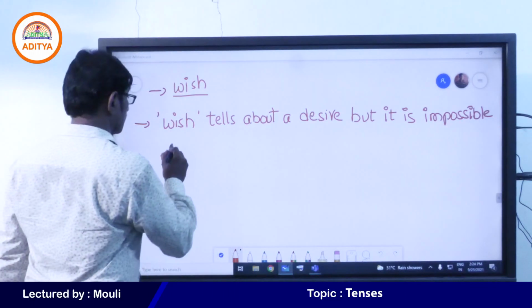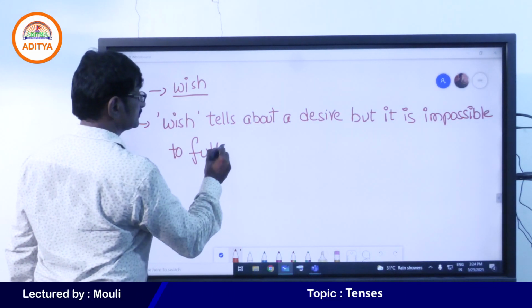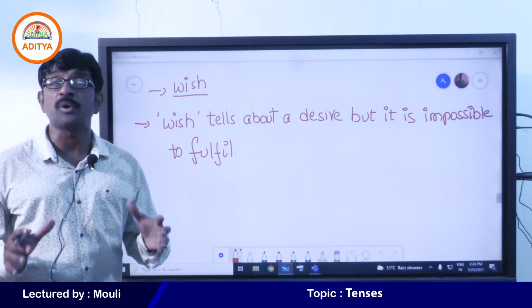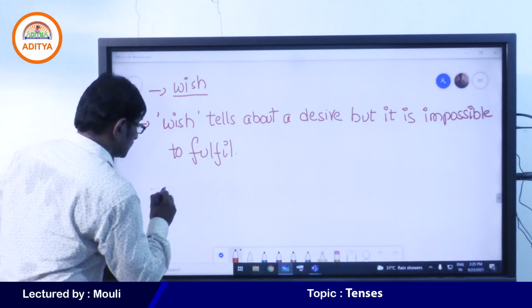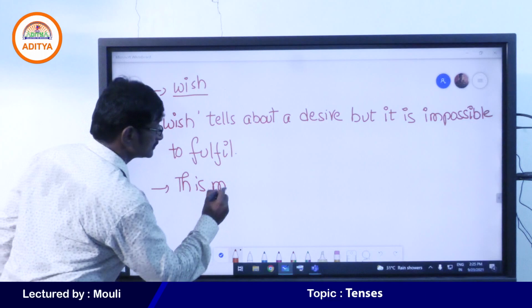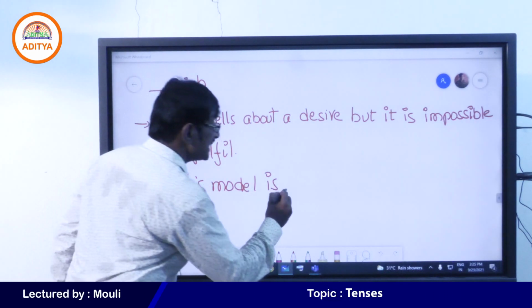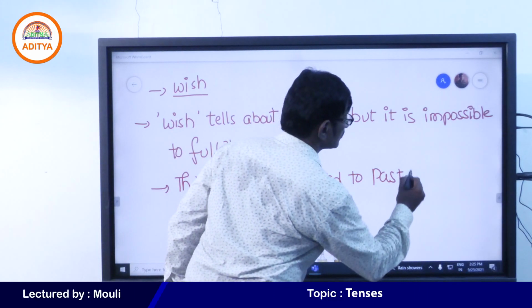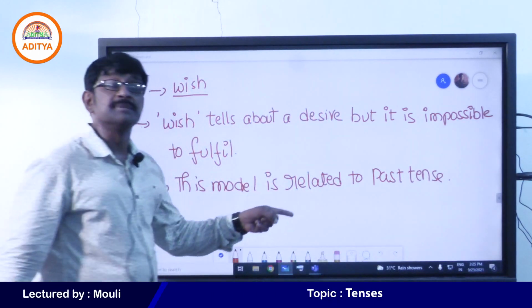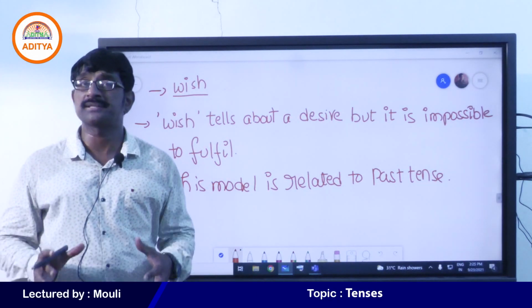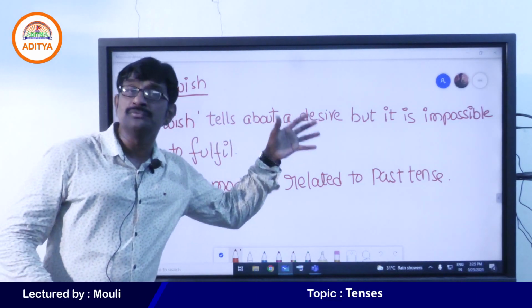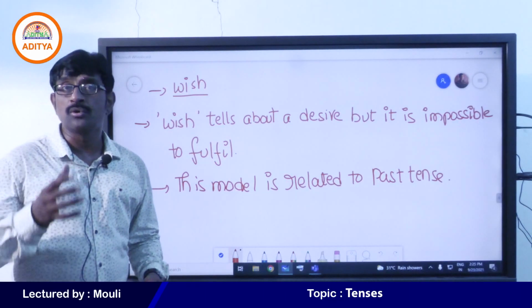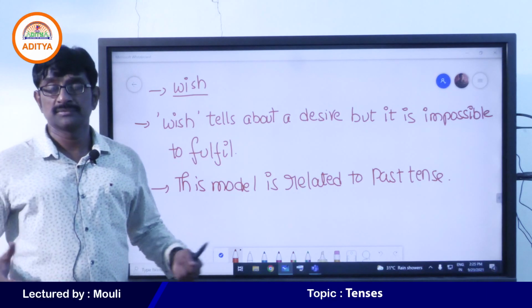Next, this modal is related to past tense. Please write down these two sentences as rules, and after that we are going to do wish. That's it.